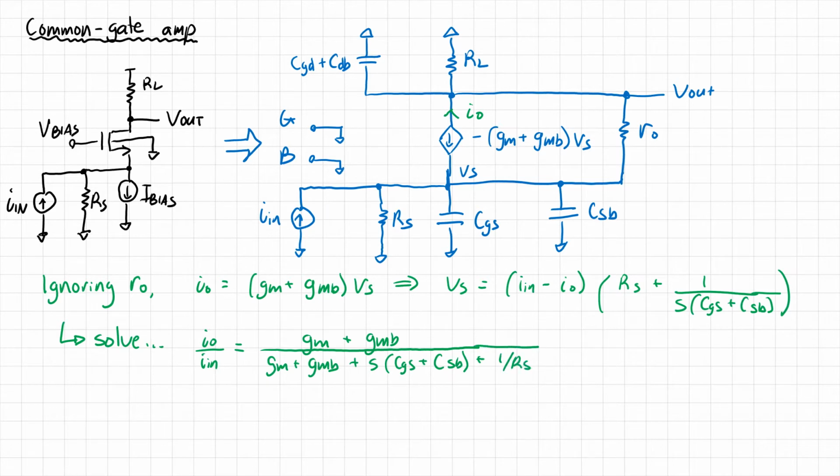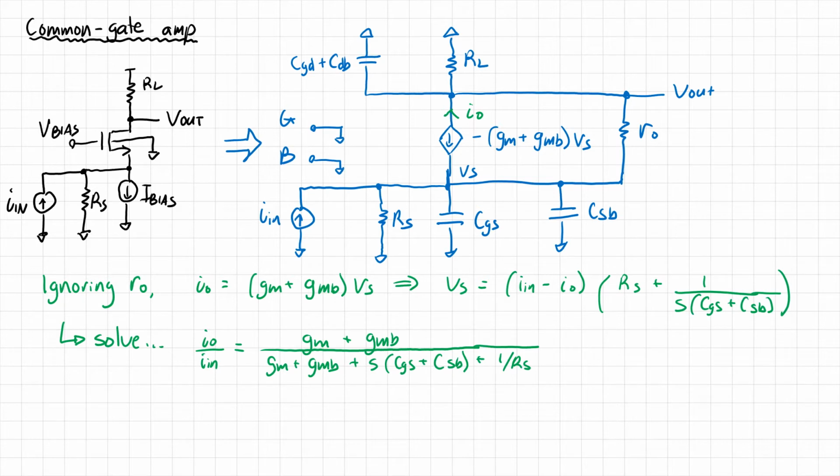Okay, normally when we design an amplifier, we tend to design it to have relatively large gm so that we typically get better gain. And usually RS, which is a current source causing this parasitic resistance, is designed to be very large. So the 1 over RS term is usually pretty small.